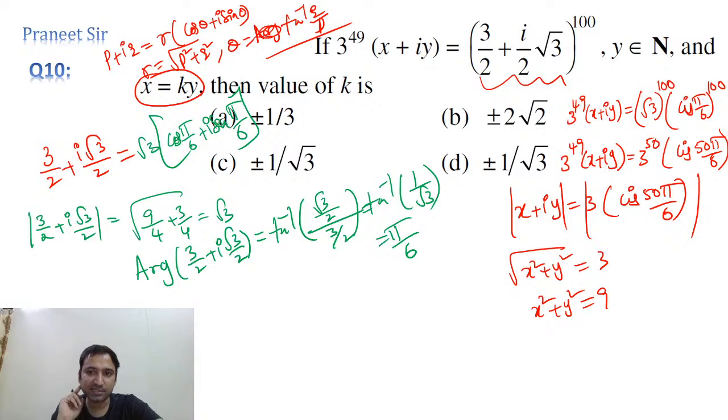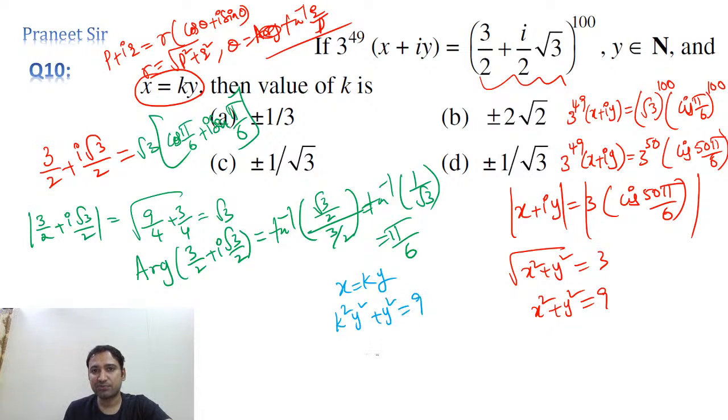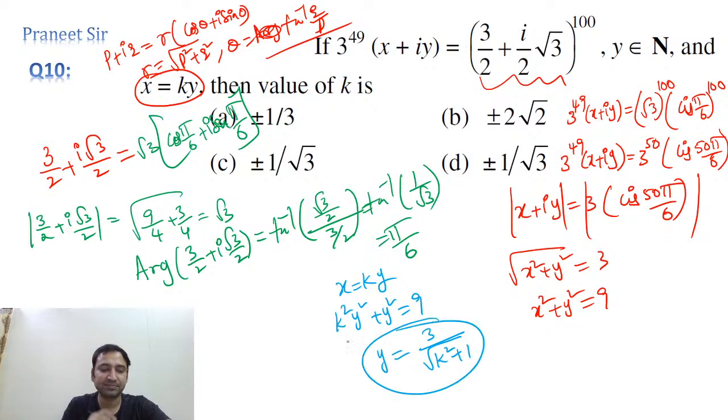Let's substitute x equals ky. If you substitute x equals ky here, what do we get? k square y square plus y square is equal to 9. So from this, y is equal to how much, guys? y is equal to 3 by the square root of k square plus 1. That's what we're getting. This is the final expression we are getting.